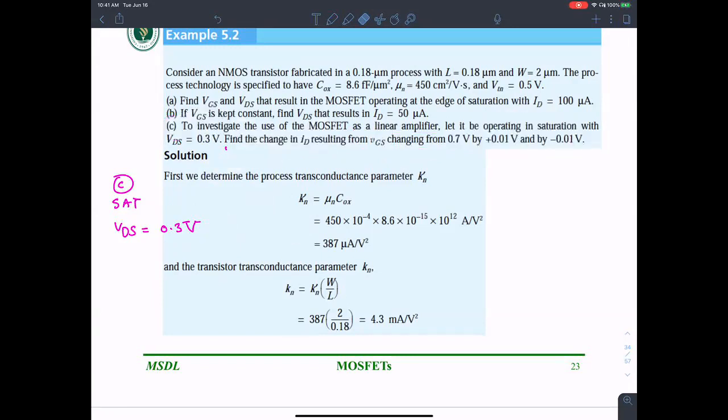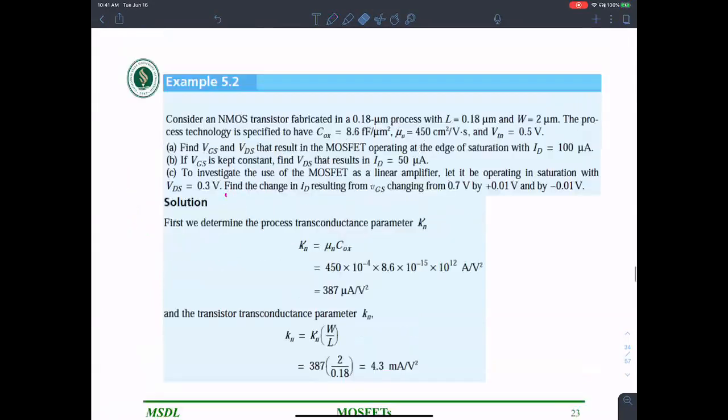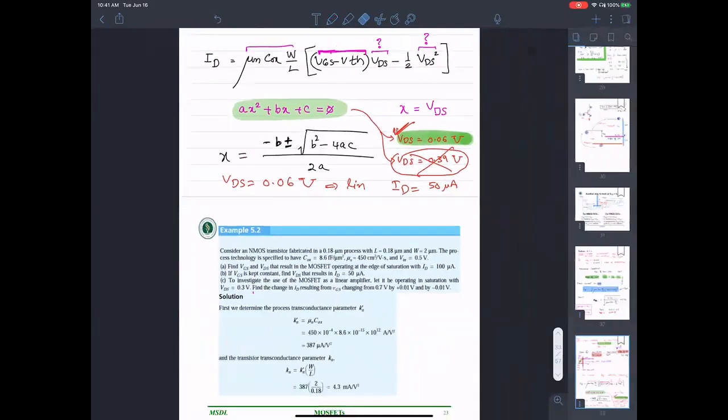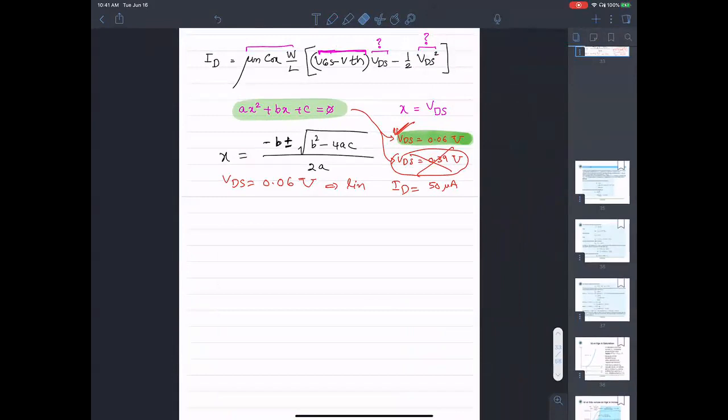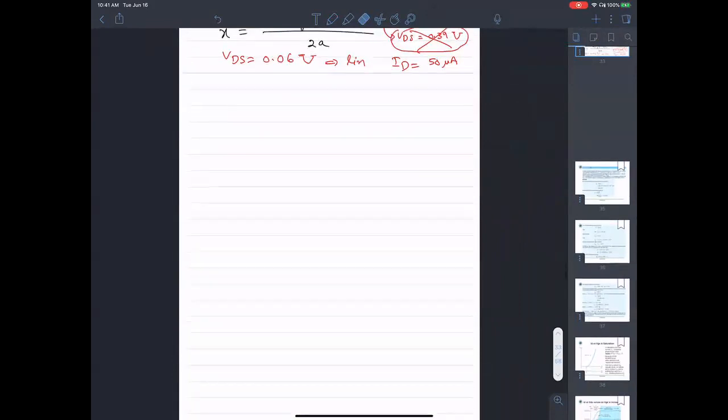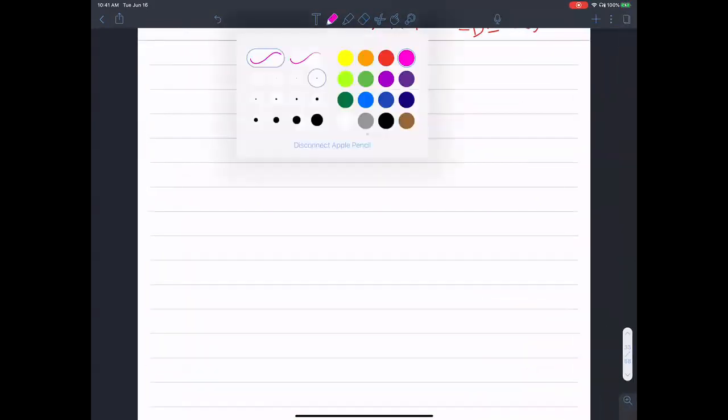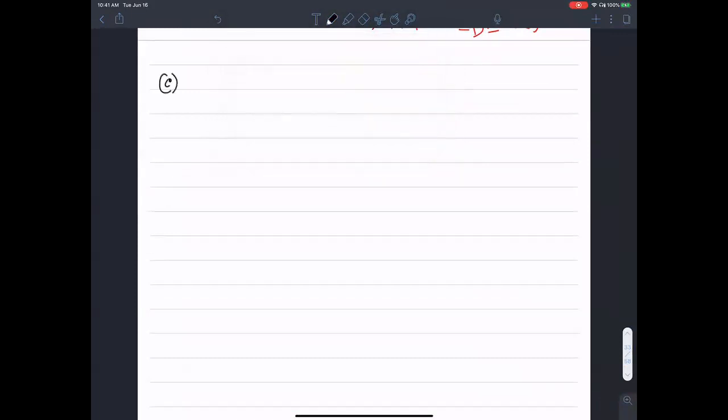Let's look at that problem. Let me add another page here. Part C of the problem is that we are operating in saturation region.